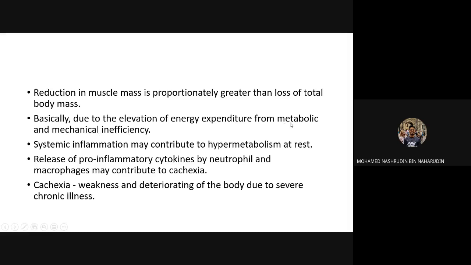Metabolic meaning what I explained earlier: because of the changes in the buffer system within the muscles, the energy expenditure and how the peripheral muscles utilize energy are altered. And mechanical inefficiency means the obstruction in your airways, due to bronchoconstriction or mucus developed within your respiratory airways, meaning that your respiratory system needs to do forced breathing.